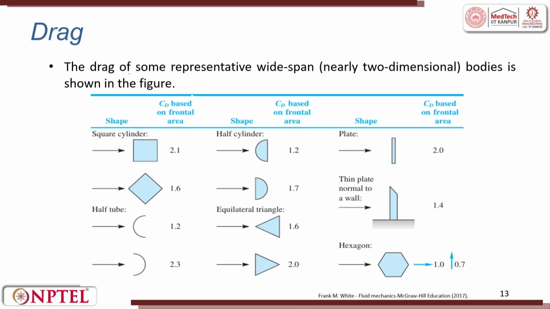The drag of some representative wide span, nearly two-dimensional bodies is shown in the figure. For a square cylinder rotated by 45 degrees, like a diamond, you get a lower CD value. What is CD?